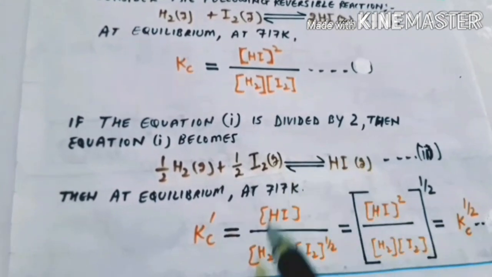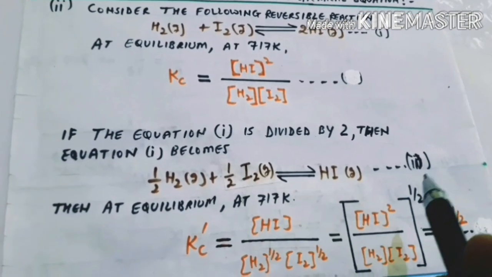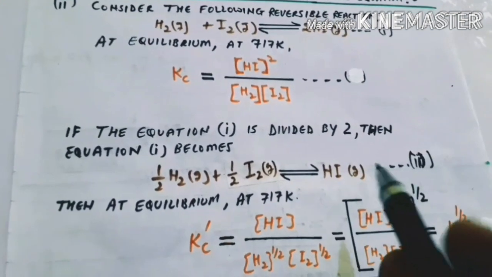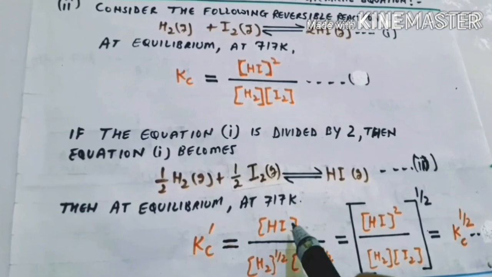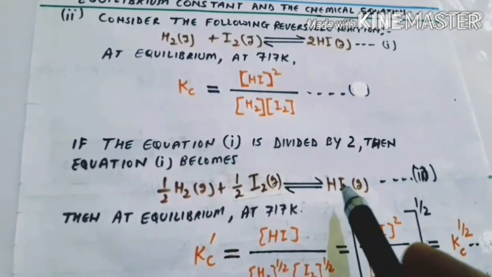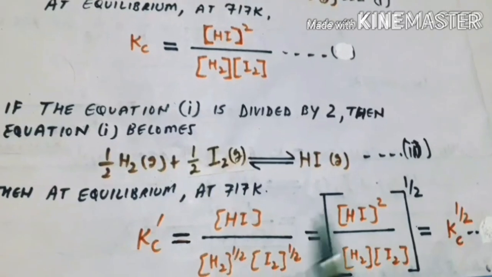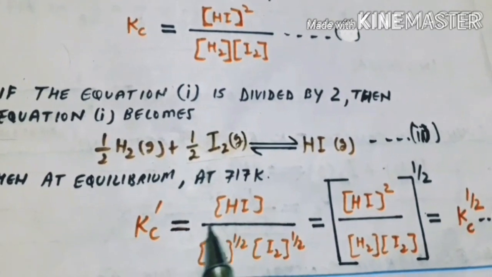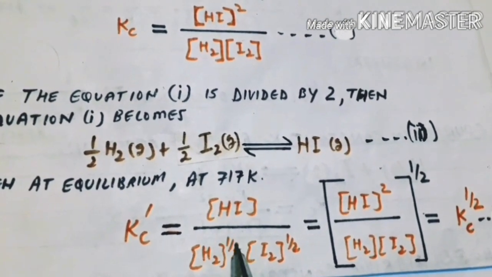Then the equilibrium constant Kc dash with respect to equation 2, when the balanced chemical equation 1 is divided by 2, is equal to the concentration of hydrogen iodide product in mole per liter raised to power 1. So here power 1 is the stoichiometric coefficient of hydrogen iodide product in equation 2, over the concentration of reactant hydrogen gas raised to power half.